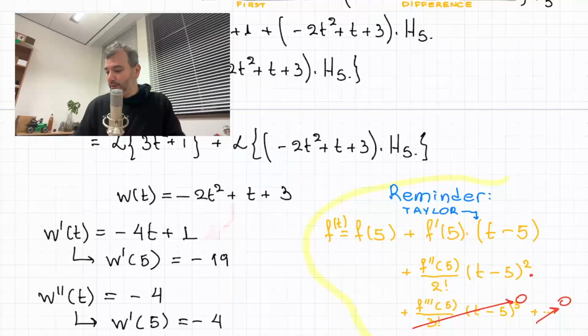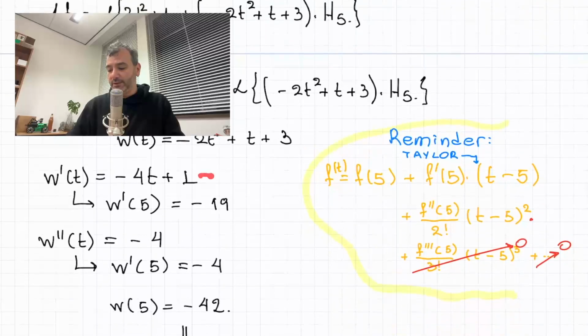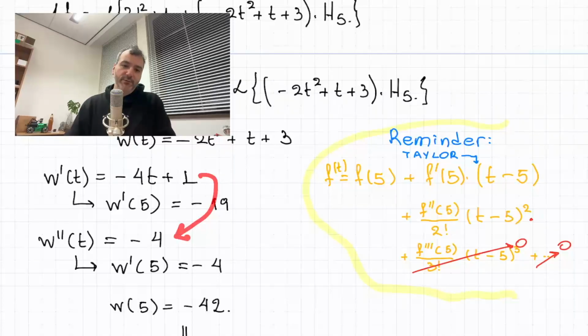And I want the derivative of my function evaluated at 5. Okay, so plug in 5 and you'll see it is minus 19. If you put 5 over here, you get minus 19. Likewise, differentiate once more, and the second derivative you will see it is minus 4.